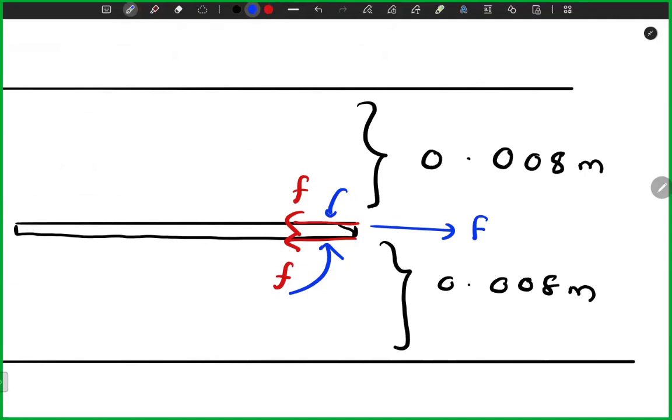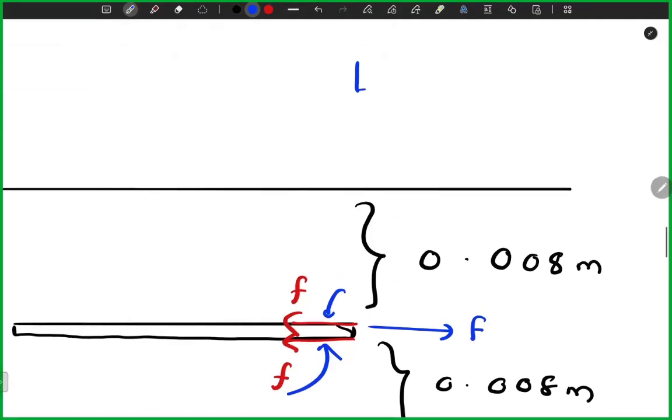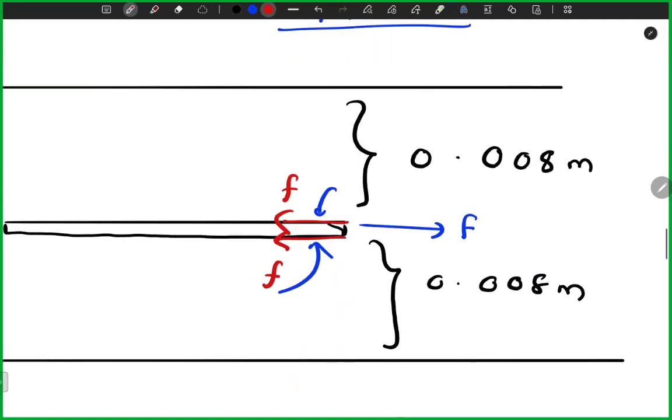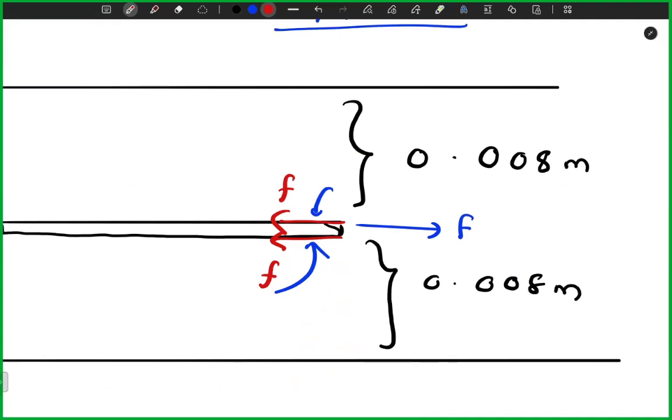Remember, we were talking about a block that was moving on a liquid layer. There was a viscous force acting backwards. So here also there are two surfaces to act on. Then the resultant force is 2F, right?